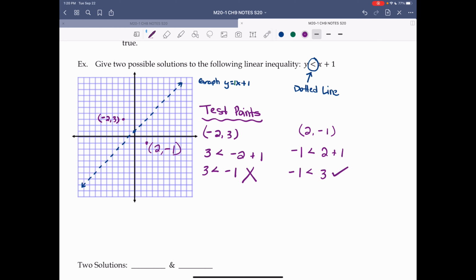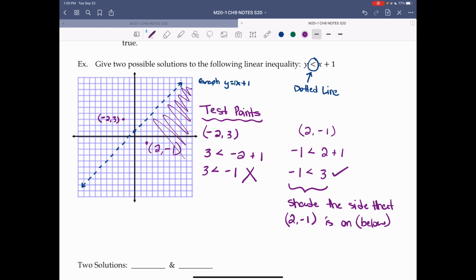Because that's a true statement, this means we're going to shade the side that 2, -1 is on, which in this case is below our line. So we shade this side.